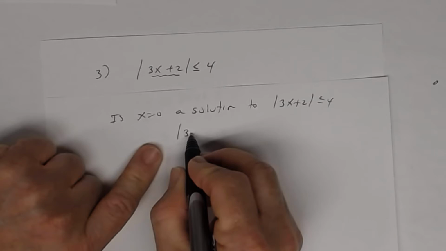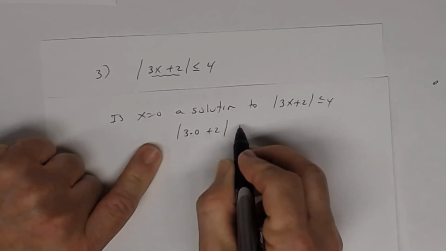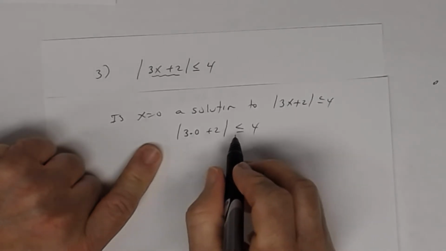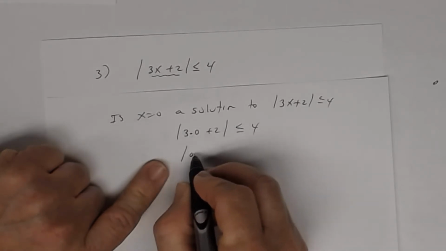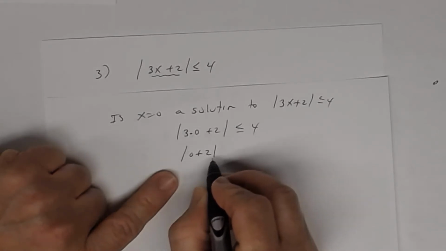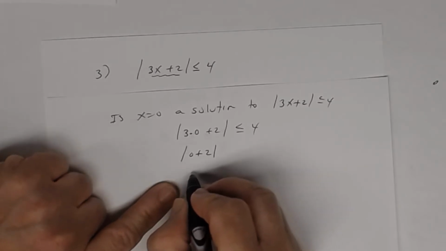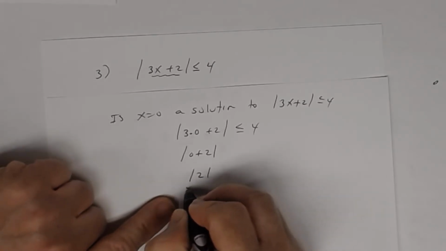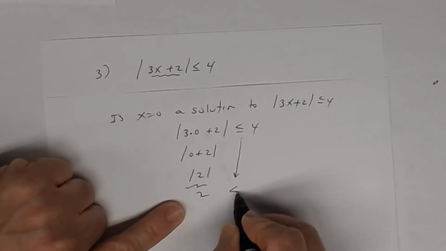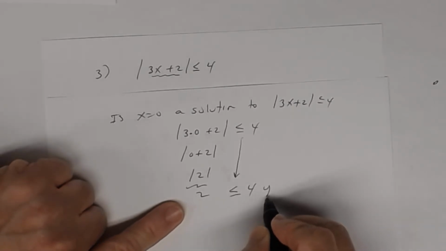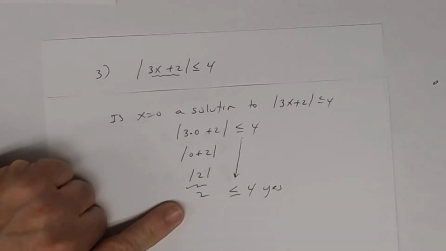So I get the absolute value of 3 times 0 plus 2, and I want to see if that's less than or equal to 4. 3 times 0 is 0, plus 2 is 2. The absolute value of 2 is 2. And the question is, is 2 less than or equal to 4? And the answer is yes. So that's why 0 is a solution.